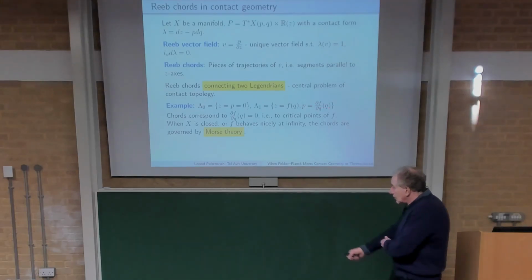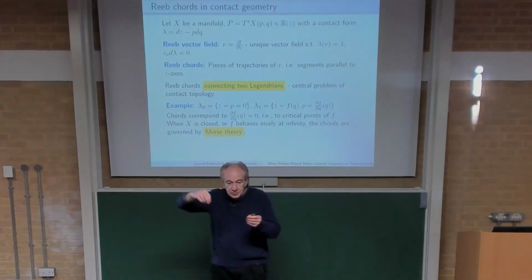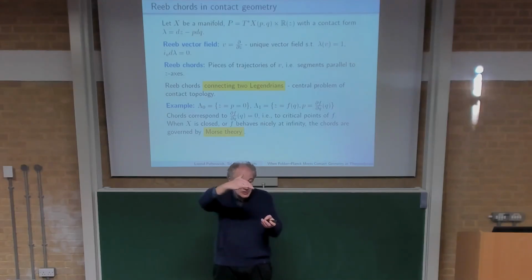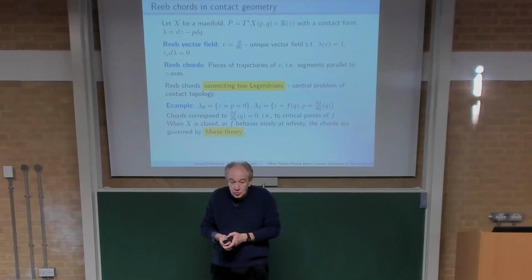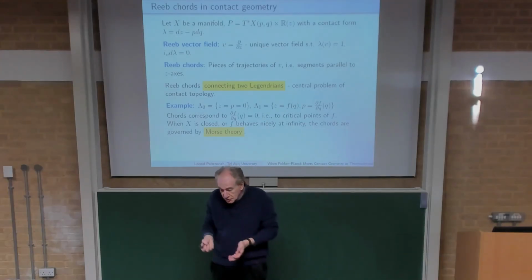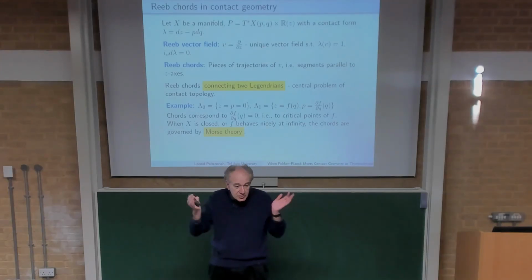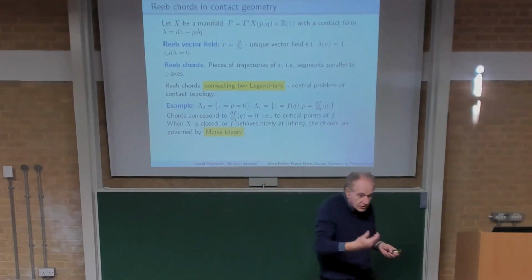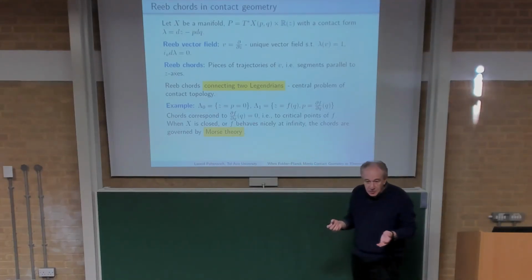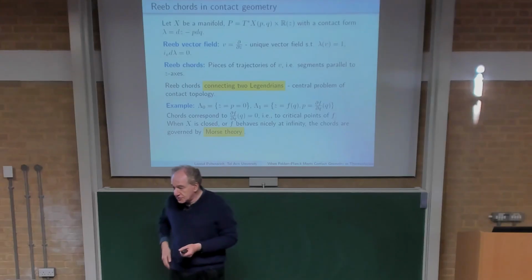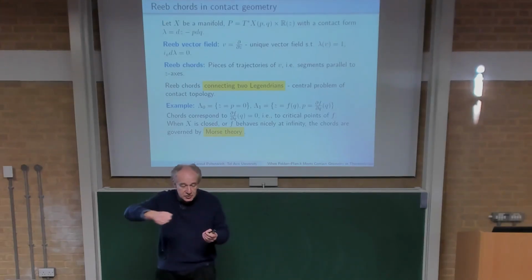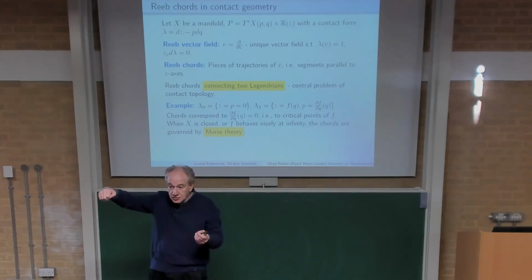Of course this happens when your Legendrian submanifold is graphical. Then there exists a function and you can do your Morse theory story, and you get chords whose number corresponds to the total Betti number of the manifold. That's a pretty nice thing. But one of the motivating questions in symplectic topology was this: assume we deform these Legendrians so that they lose graphicality.